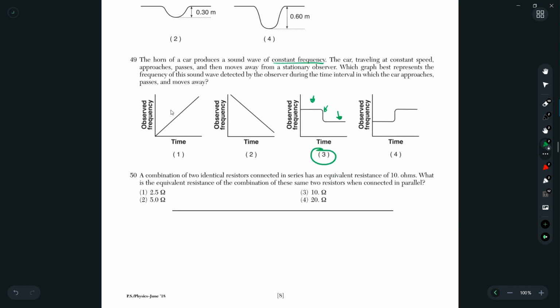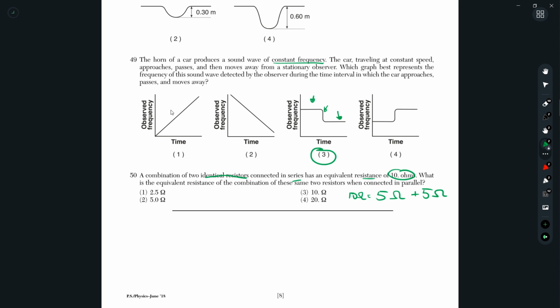last one here. Combination of two identical resistors connected in series, equivalent resistance of 10, which means it has to be 5 plus 5, because they have to be identical, and that's series.